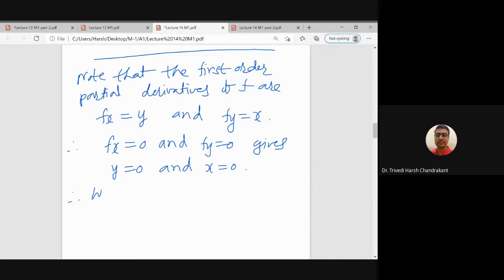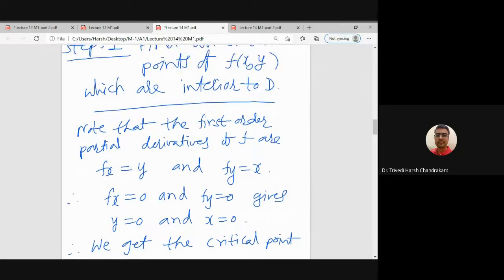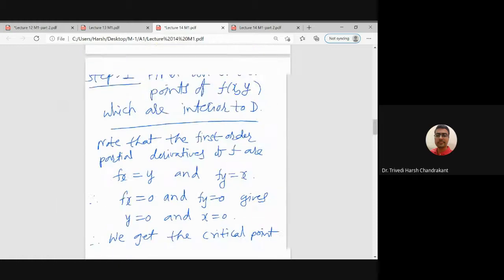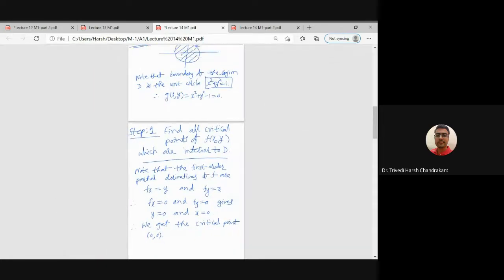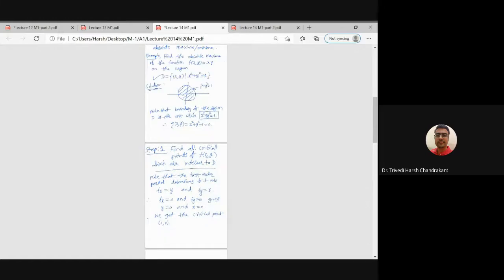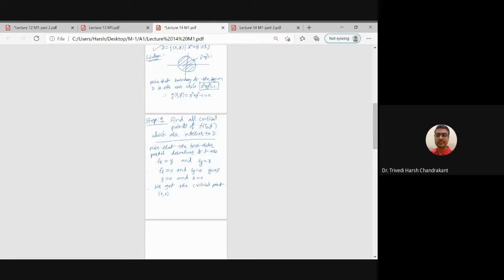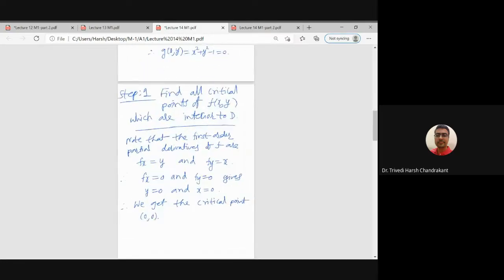So we get the critical point 0 comma 0. There is no other critical point of the given function. What we will check here is that it should be interior to D. Our region is x square plus y square less than or equal to 1, so interior to it means x square plus y square less than 1.